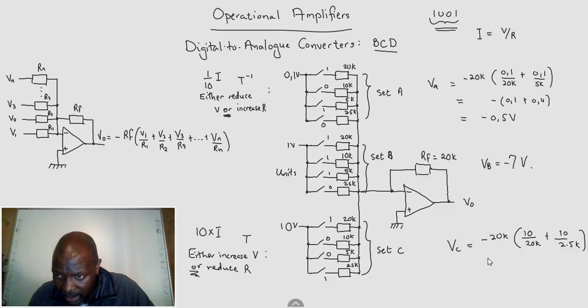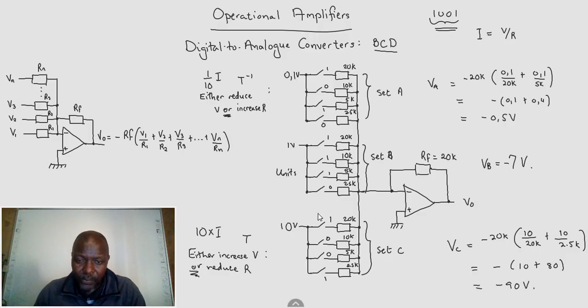Now, if you look at this, this divided by that is going to be 1, that will be minus 10, plus, and if you look at this here, this is going to be 2.5 into that, that is going to be 8. 8 times 10 is going to be 80. Together we have minus 90 volts.